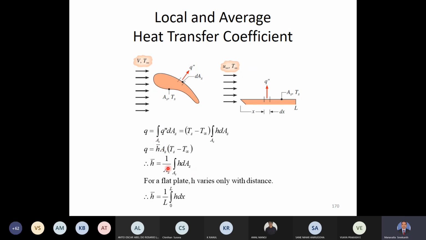But to evaluate this integral, you should know how the heat transfer coefficient changes with respect to the area. Or in the case of the flat plate, you should know how this value of h changes with respect to x.